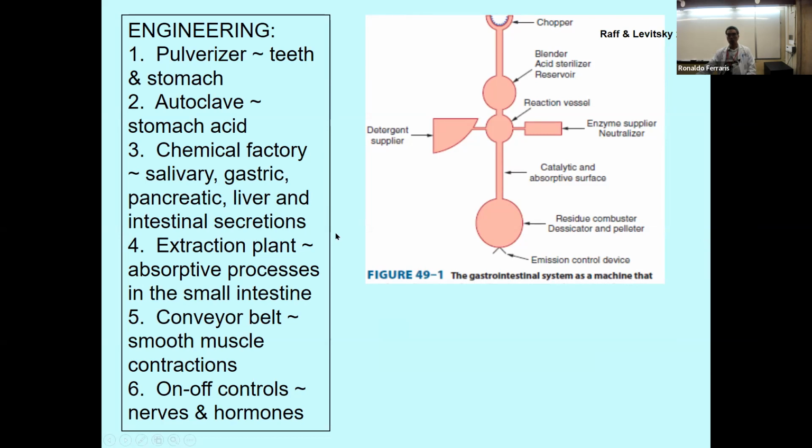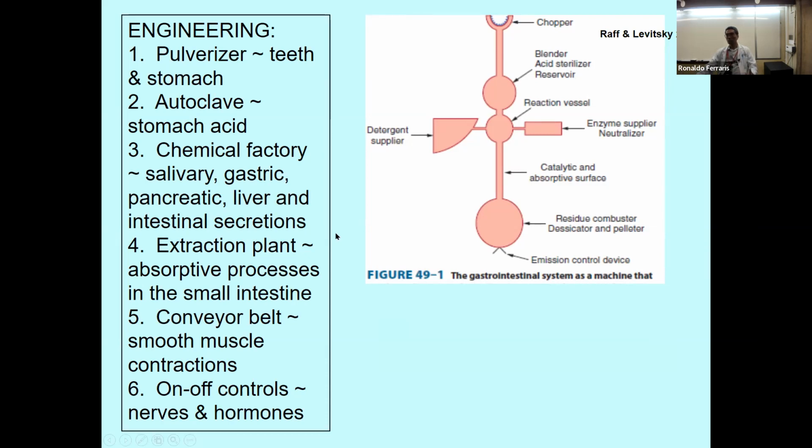And then once the nutrients are liberated, we need to absorb them. And so we have an absorptive surface represented by the small intestine. And in order to go from the anterior to the more posterior regions, you need a conveyor belt, right? If you can imagine a factory going from one building to the other, you need a conveyor belt, and that's really represented by the smooth muscle.